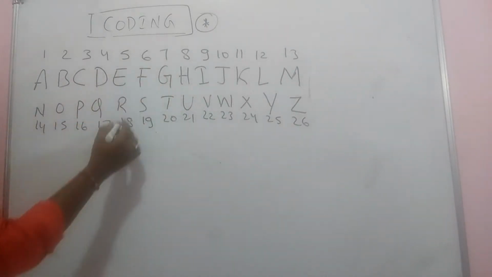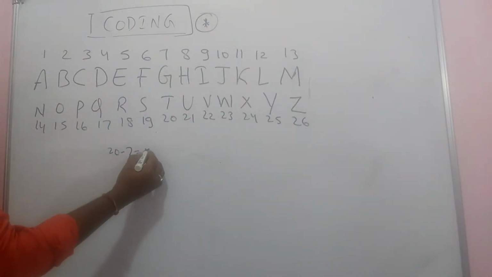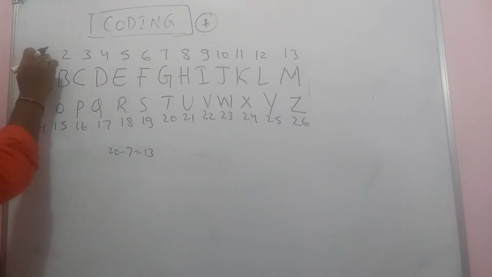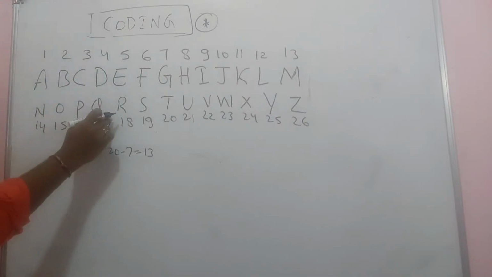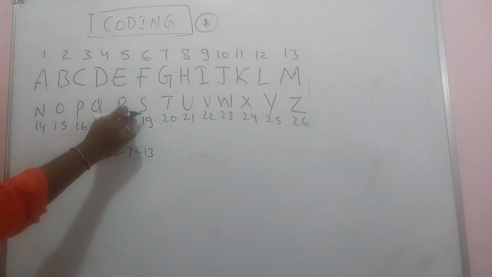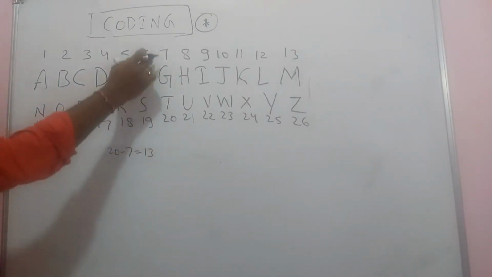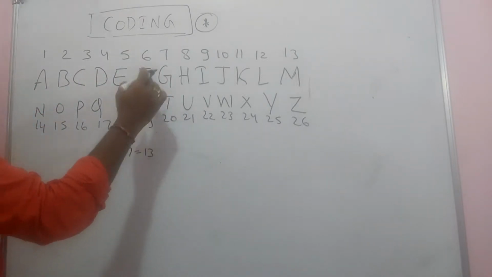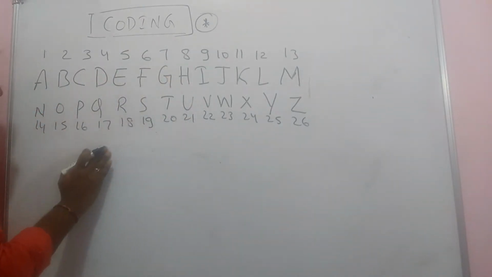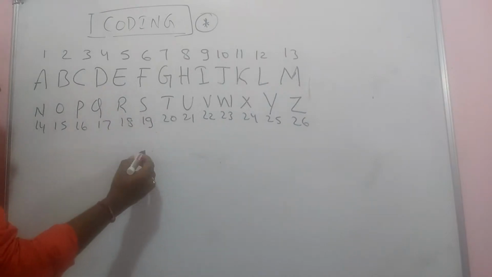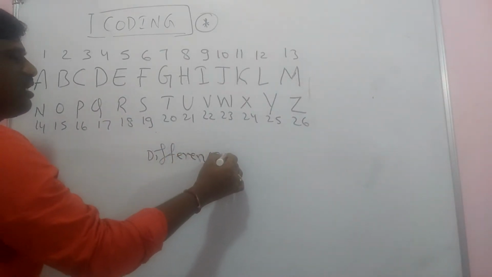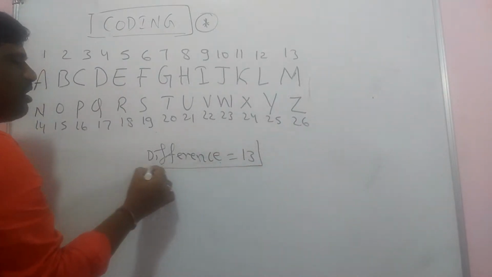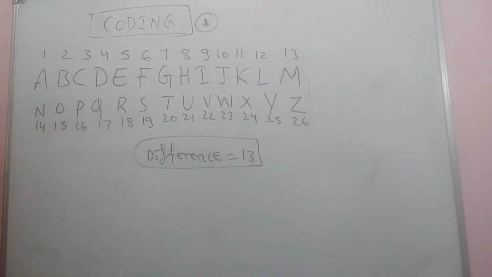Like 20 minus 7, how much? 20 minus 7 is 13. 14 minus 1, 13. 15 minus 2, 13. 16 minus 3, 13. 17 minus 4, 13. 18 minus 5, 13. 19 minus 6, 13. So if the difference of any two letters is 13, we call them corresponding letters.